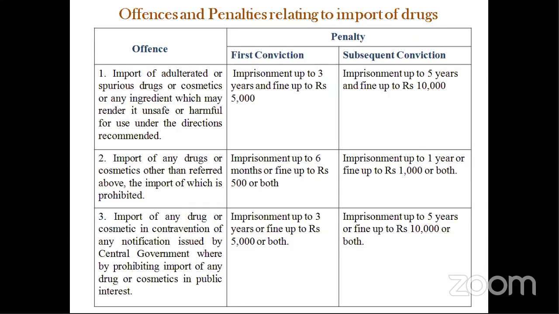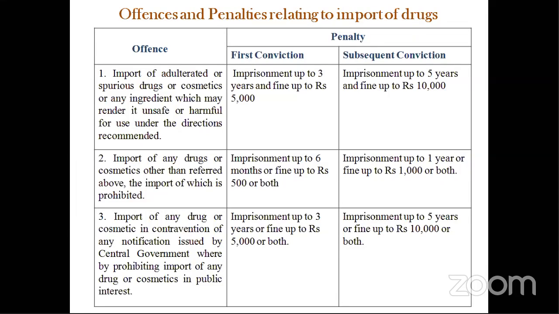If anybody tries to import drugs or cosmetics other than those referred to above, for example sending some other product in place of paracetamol, or another product which has some therapeutic value but is not a similar drug, there are first and subsequent convictions.